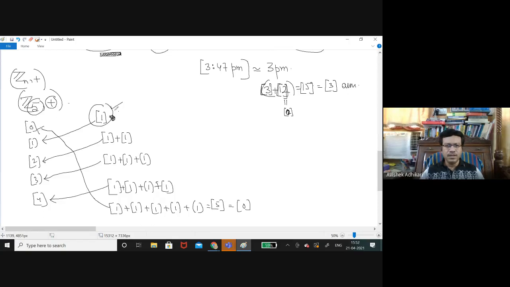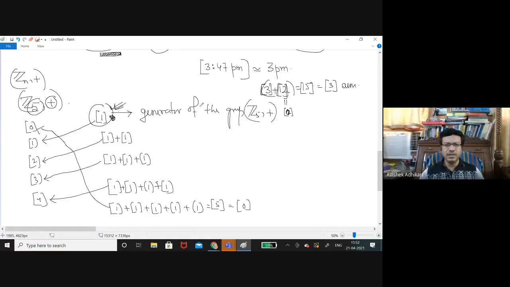That means this element is a special element which has the capability to generate all the remaining elements. That's why this element is known as a generator of the group Z5 under addition, right? Any question up to now?